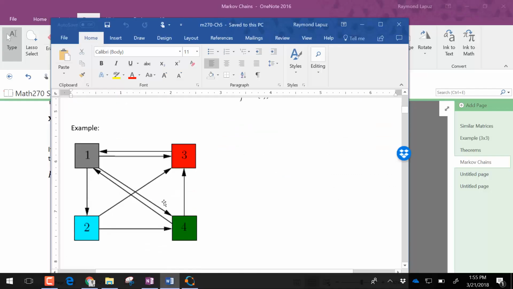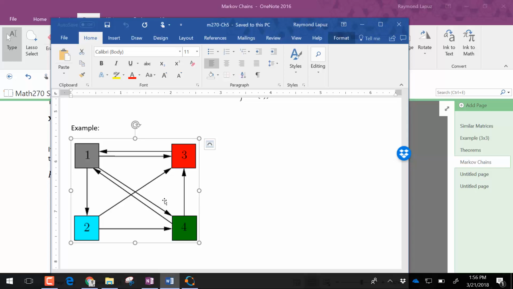So what we're going to do is, I'm not going to give you much detail, but I'll just do a quick example, and we'll do a World Wide Web of 4 pages, because otherwise we could be here for a long time.